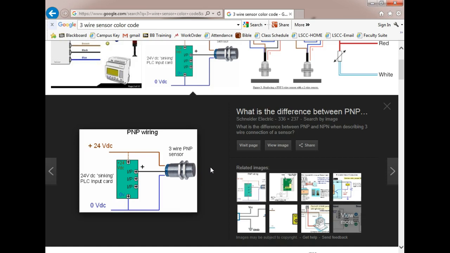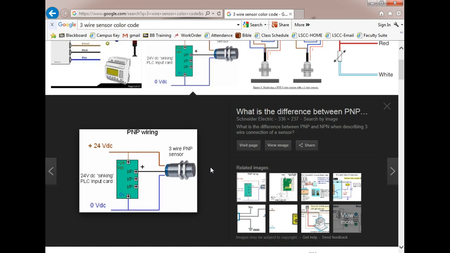What's so strange? In DC we normally get used to saying black is negative and red is positive. On sensors they didn't do it that way. So black is your signal wire. Brown and blue are your power wires.